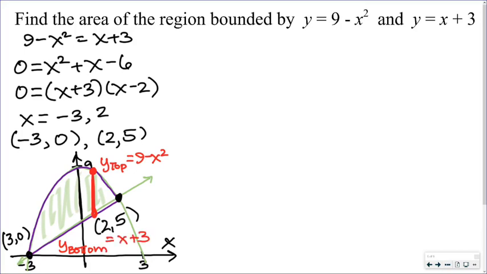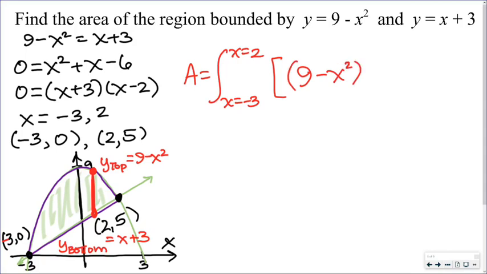So my integral is going to be the integral from, we're doing everything in terms of x. An up and down slice is an x slice. So x is -3 to x is 2. And top minus bottom is 9 minus x squared minus (x plus 3).